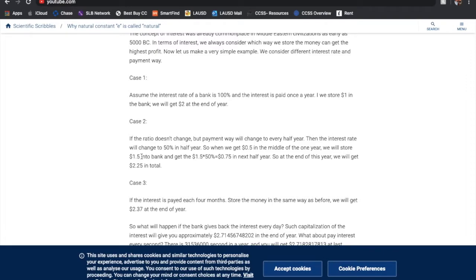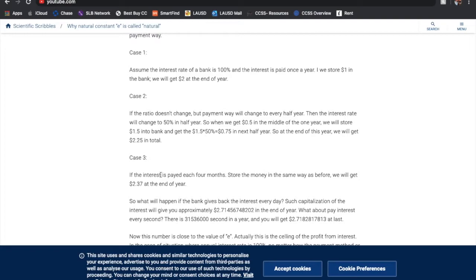But now if you take 50% of $1.50, you get 75 cents the second half of the year. So now 75 cents plus $1.50 equals $2.25. Notice the difference: you got compounded twice here, and compounded once there. Still 100%. The percentage didn't change, but now you get more money. It's $2 versus $2.25, right?